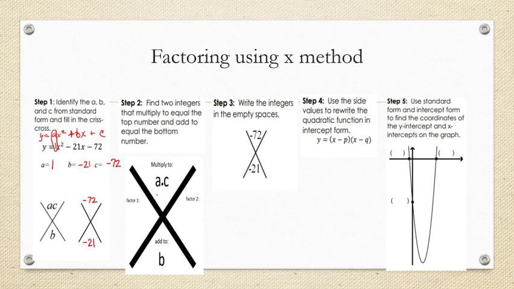So we've now filled in A and C and B. Now, to get these factors, we're going to list the factors of 72.